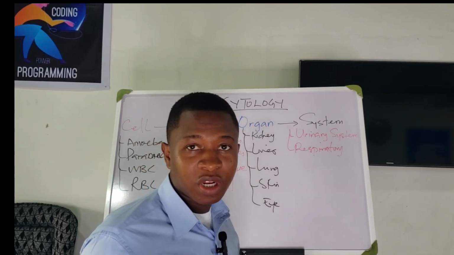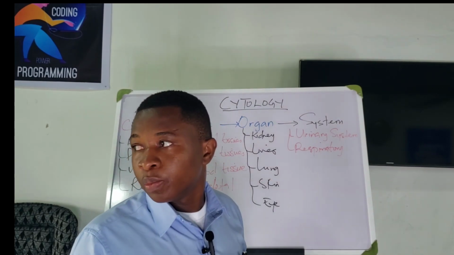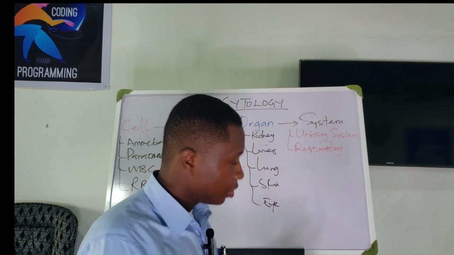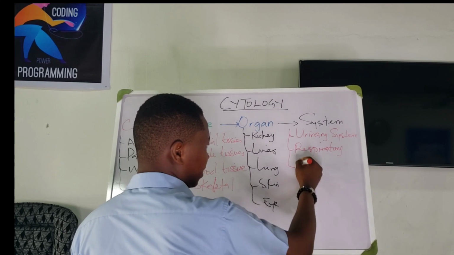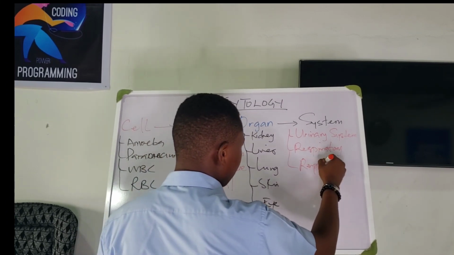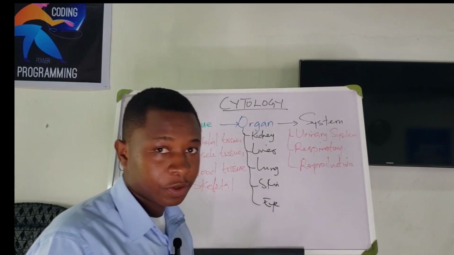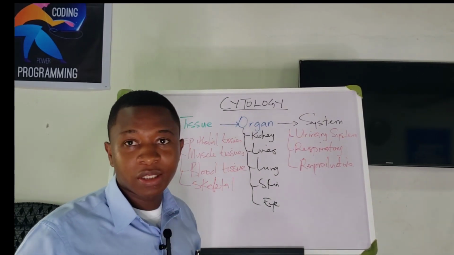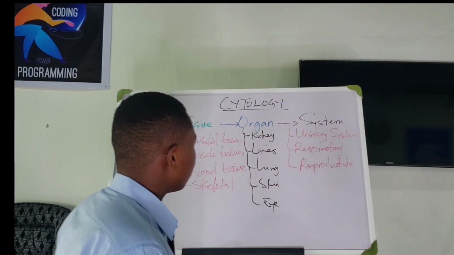It also comprises other organs like the trachea, the bronchioles, and the alveoli. Another one is the reproductive system, the system that makes sure that organisms give birth to their kind.